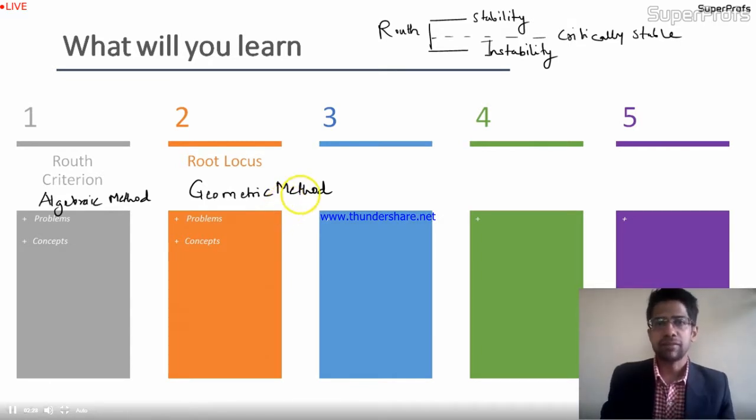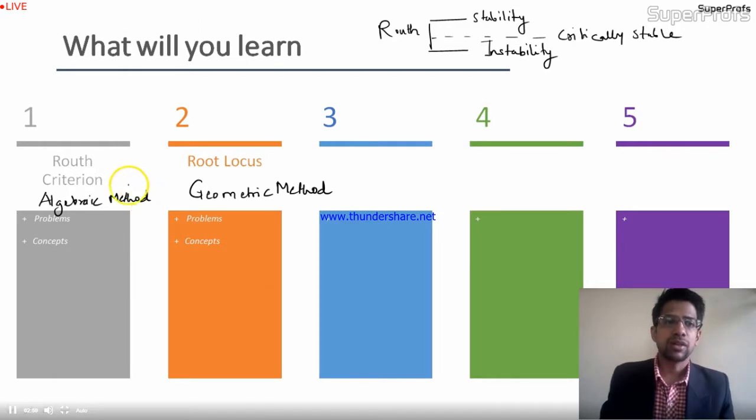Whatever system is given, you cannot just say that the system is stable, but you can also say that it is more stable or less stable. You can relatively compare two systems according to stability or instability. This is the main difference between the root locus method and Routh's criteria method.